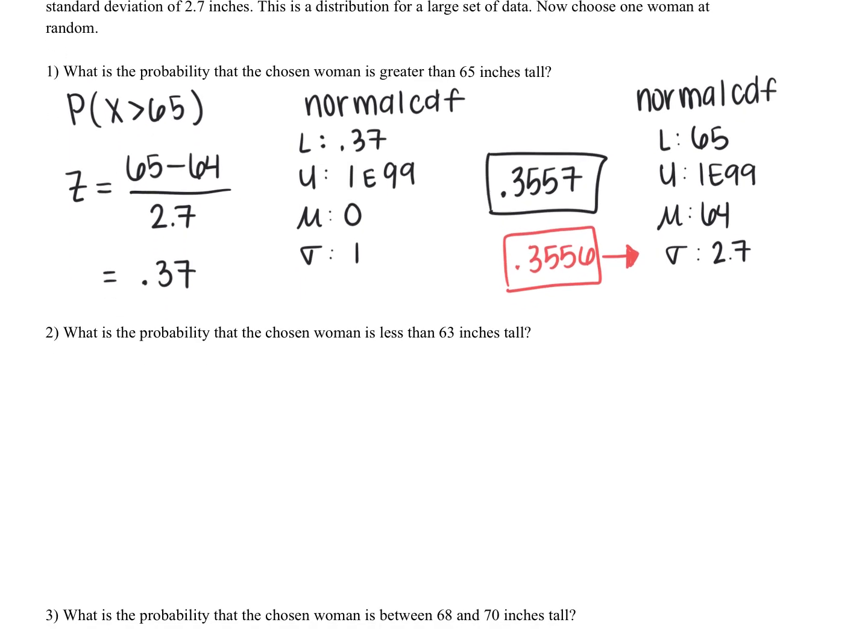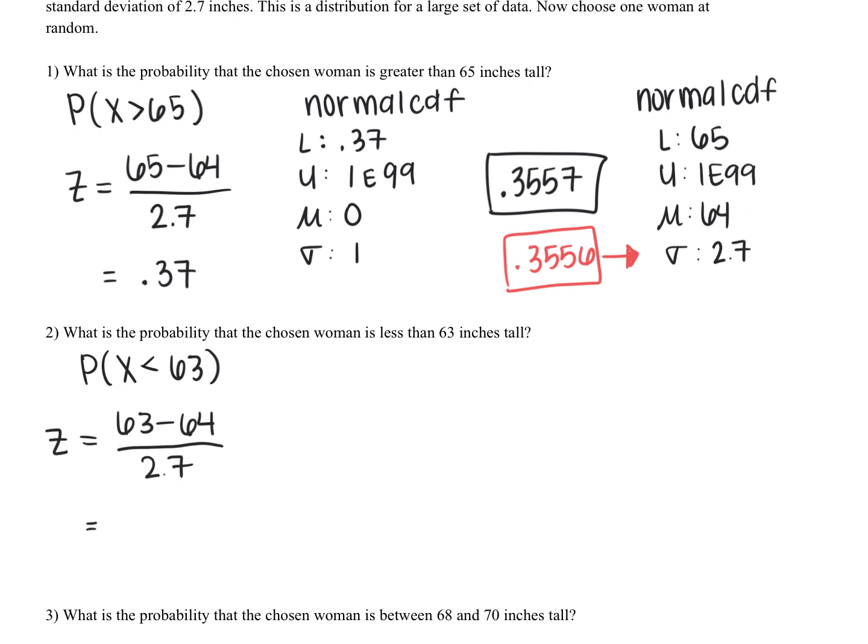For our next example, we want to find the probability that the chosen woman is less than 63 inches tall. So we want to find the probability that x is less than 63. Again, I'm going to do the first method, which is calculating my z-score, 63 minus 64 over 2.7.